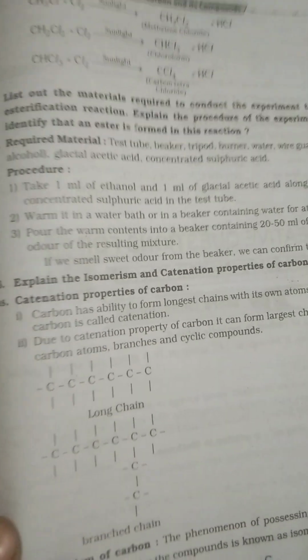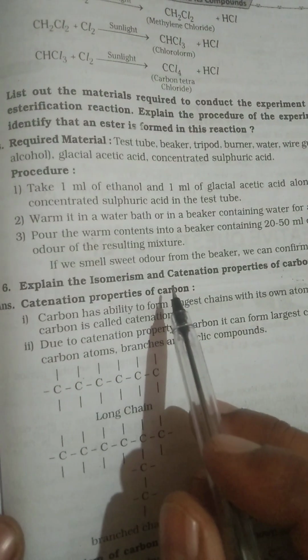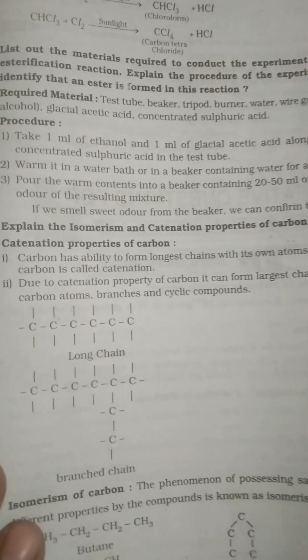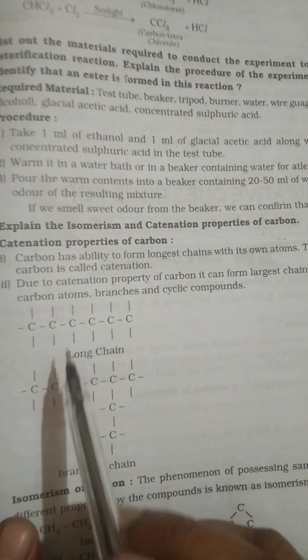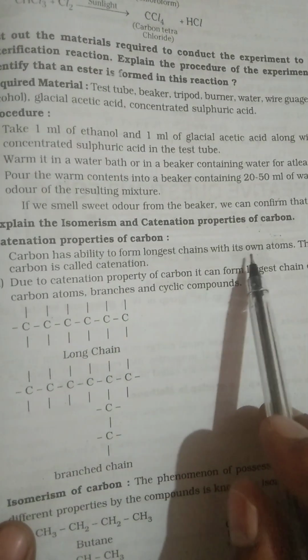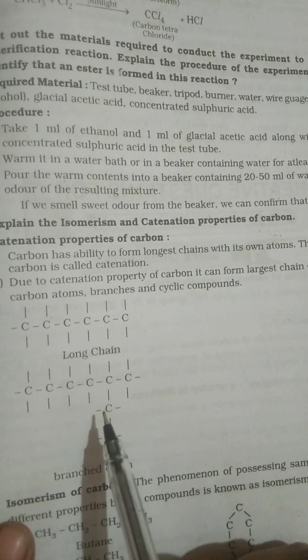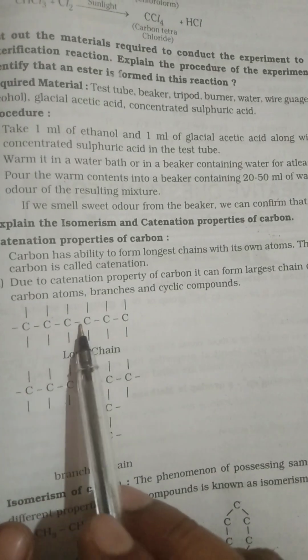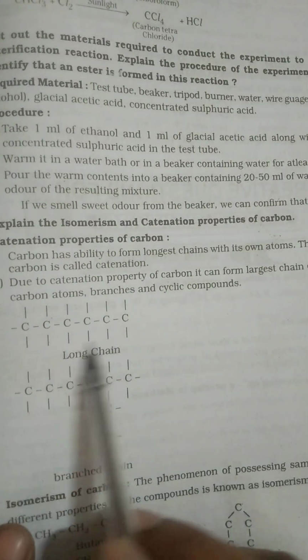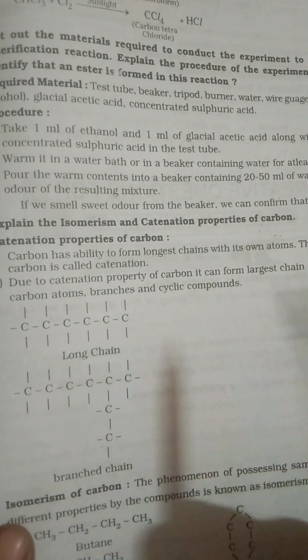And one more important question: explain the isomerism and catenation properties of carbon. So what do you mean by catenation? Carbon has the ability to form long chains with its own atoms. You can see here, this is the carbon atom. It has the ability to form its longest chain with its own atoms.